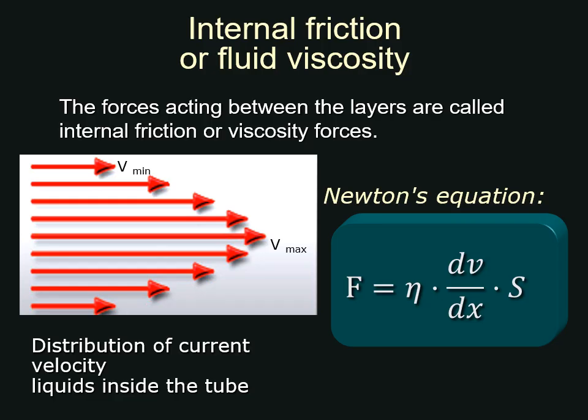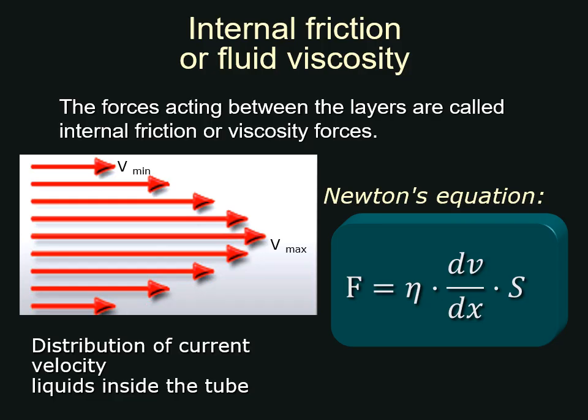In other words, the more the speed of one layer differs relative to another, and the closer these layers are to each other, the greater the friction force will be. Particles that move at different speeds will experience a greater friction force. In other words, there will be both coupling and uncoupling between these molecules moving in adjacent touching layers.